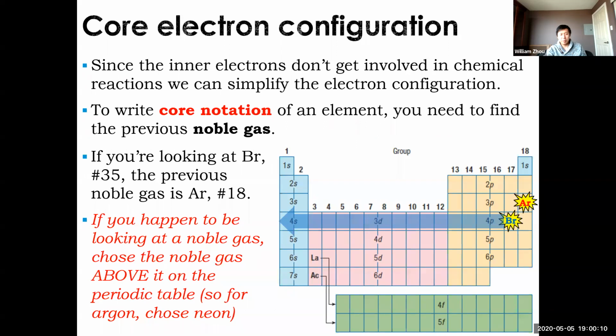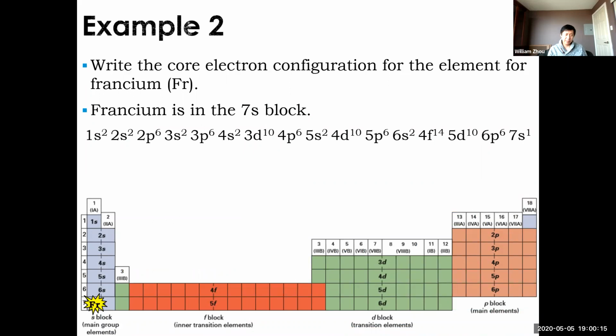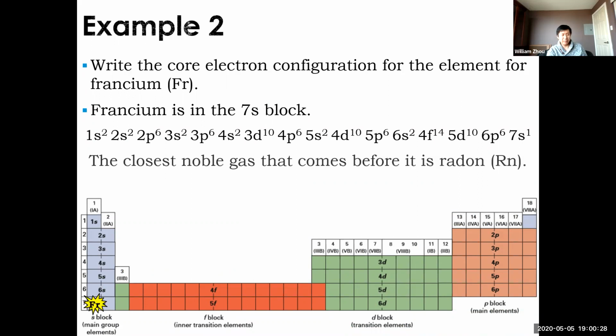Right, so let me show you this example with francium. So here's francium, the full notation. That's ridiculous. Okay, that's a waste of ink and of time. So let's abbreviate that. The noble gas that comes before francium, the closest one, is radon, right there on the periodic table in 6p.